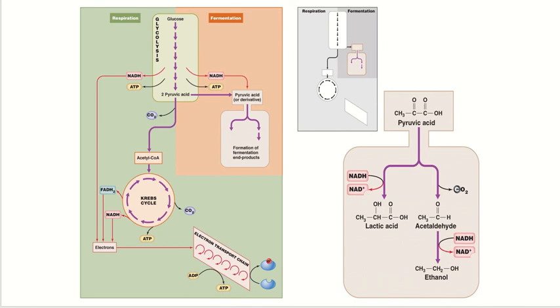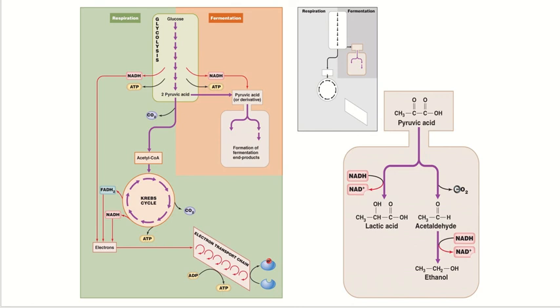And glycolysis may only continue to produce ATP if there is a continuous supply of NAD plus and FAD plus. Now, due to the absence of a final electron acceptor, they cannot really regenerate. Glycolysis in itself cannot regenerate its own NAD plus and FAD plus supply.